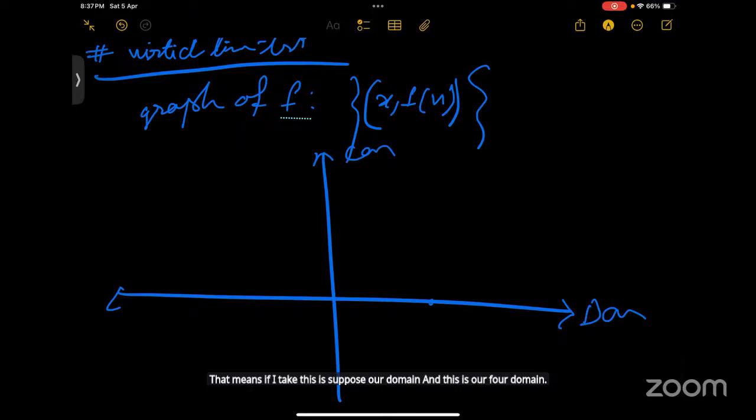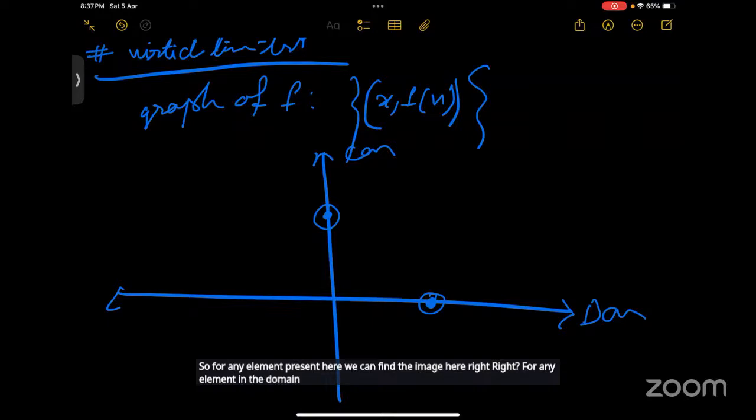For any element here, we can find the image here, right? That means on the y-axis. The y-axis is the codomain here.